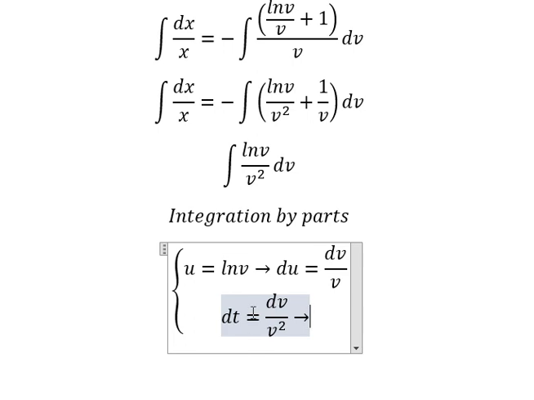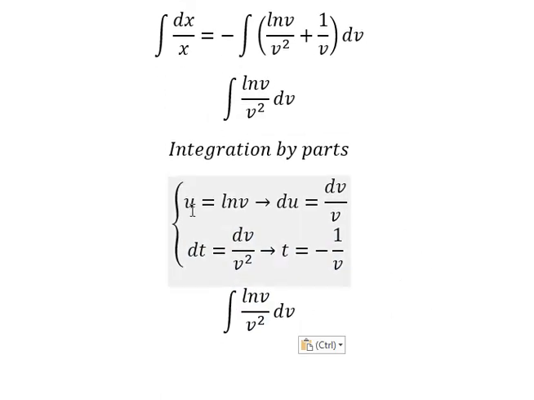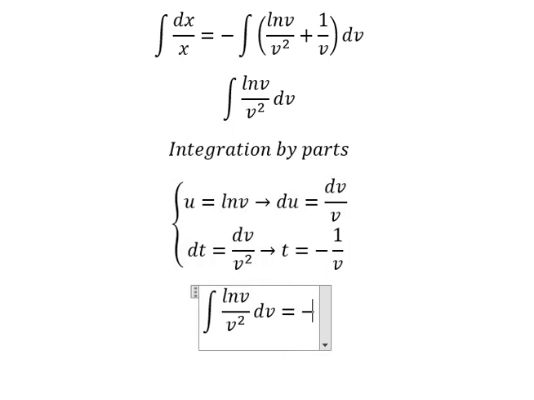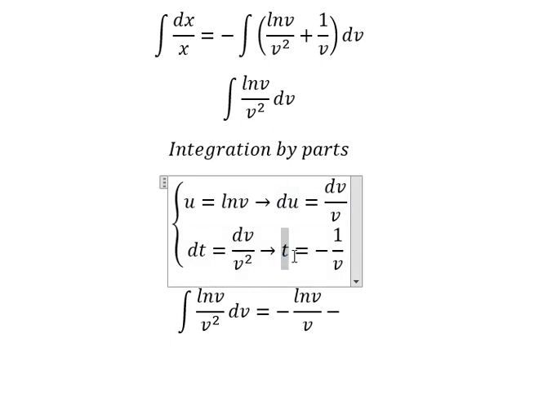So the integration of this one, we have t equals negative 1 over v. So we have u multiplied by t minus the integral of t du.